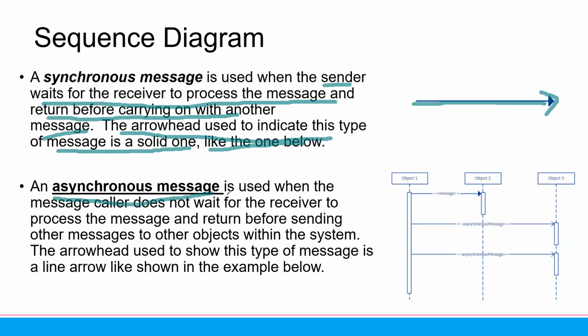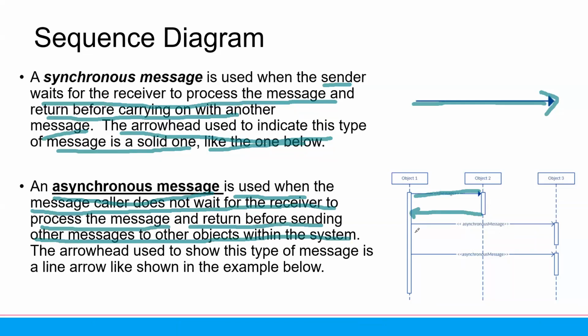An asynchronous message is used when the message caller does not wait for the receiver to process the message and return before sending other messages to other objects within the system. So if it is a synchronous message like this one, we need to wait until the object returns a message to proceed with another message.